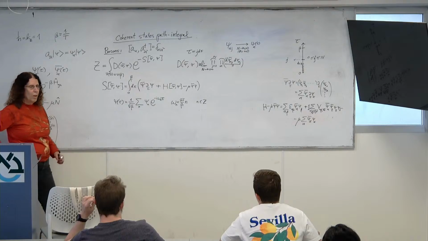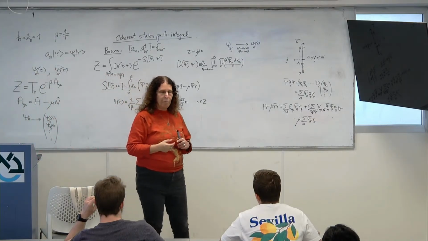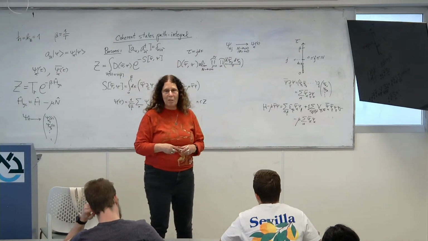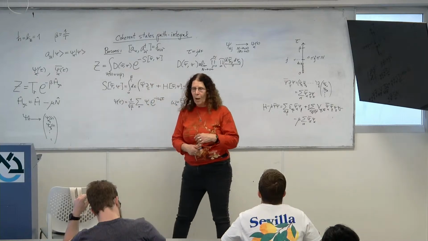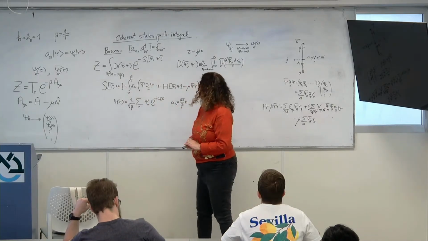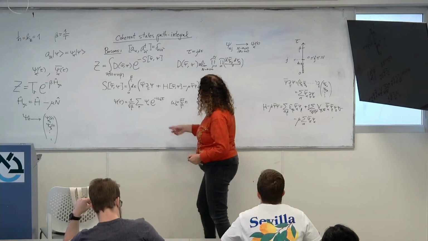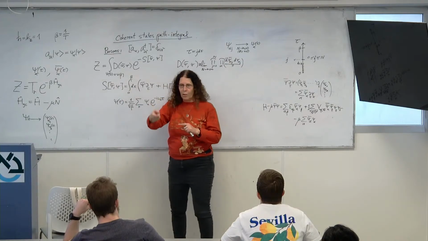Our fields live on a cylinder, or hypercylinder, almost, because space dimension may be larger than 1, but this imaginary time axis is periodic. It goes from 0 to beta, and it's on a circle.